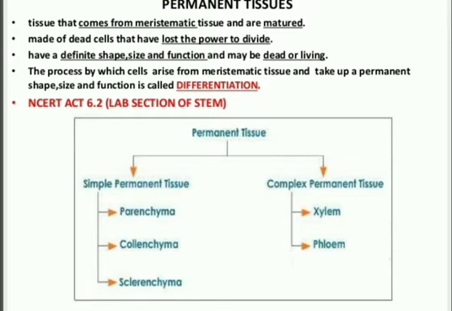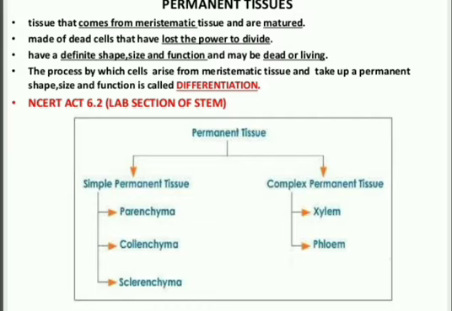In parenchyma, we have two types. The first one is aerenchyma, which has air cavities and the ability to float. Chlorenchyma means the simple permanent tissue which contains chlorophyll. They come under parenchyma.